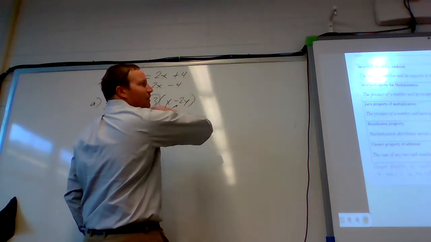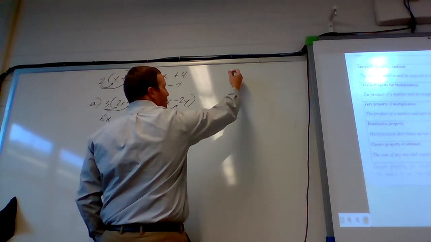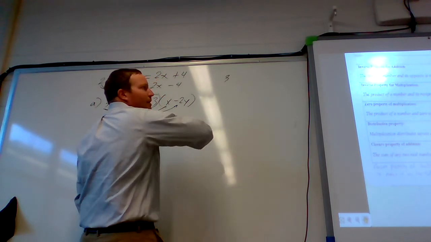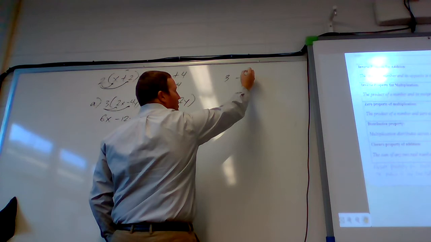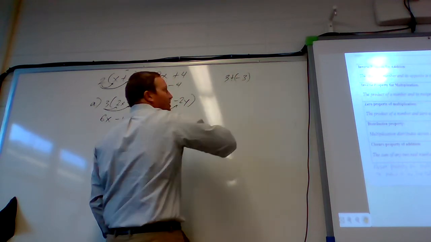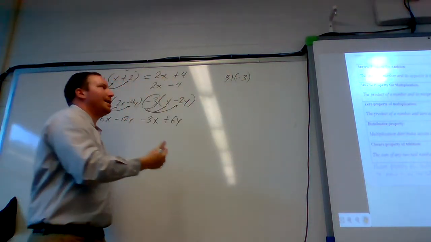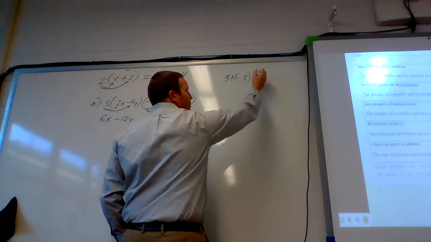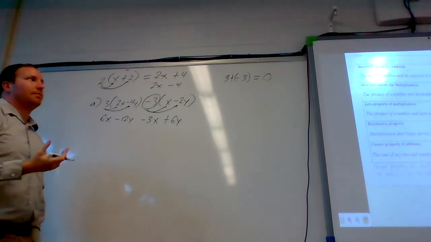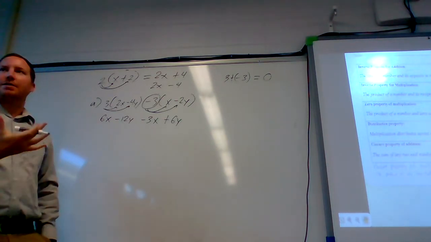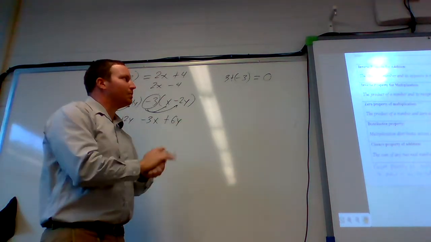If we have 3, its opposite would be negative 3. Right? Opposite of 3 is negative 3. So if we add a negative 3, we get 0. So that's our inverse property of addition. You add something of a negative value, get 0.